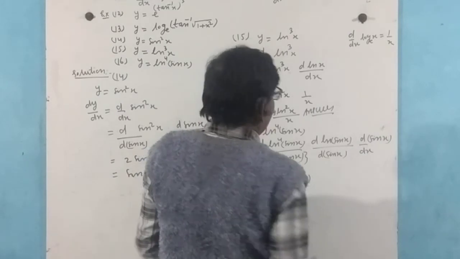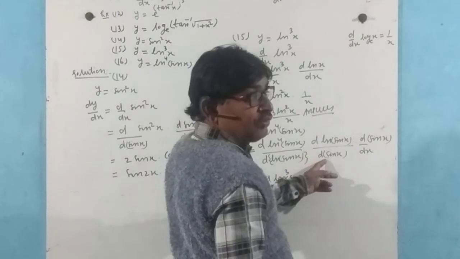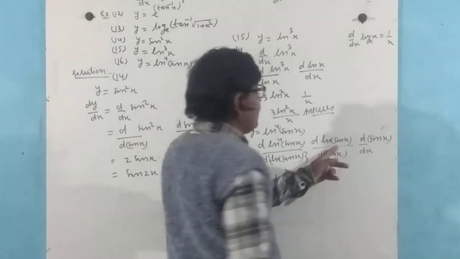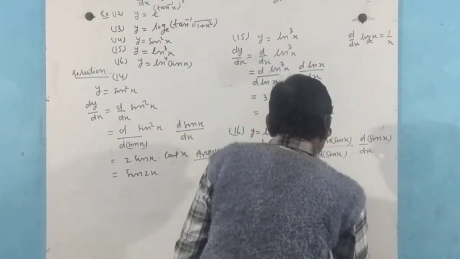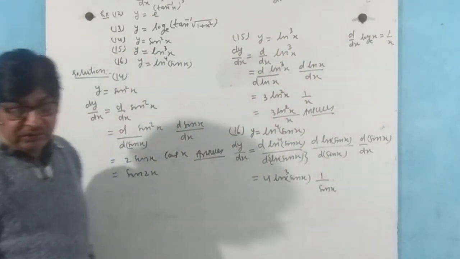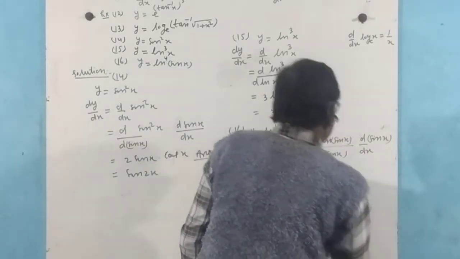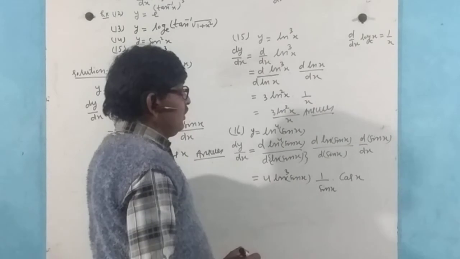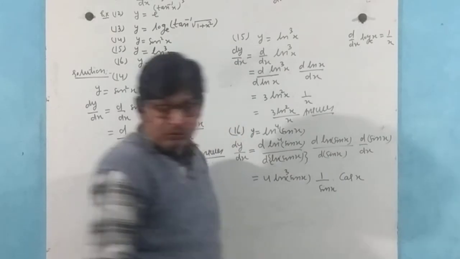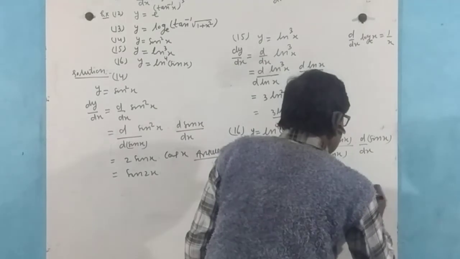Now d of ln x with respect to x is 1 by x, so d of ln sin x with respect to sin x is 1 by sin x, and d by dx sin x is equal to cos x. This is our answer. It can be written as cos x by sin x, that is equal to cot x.